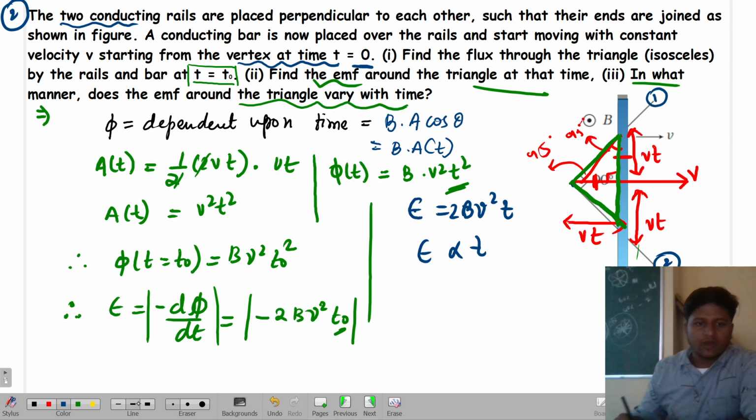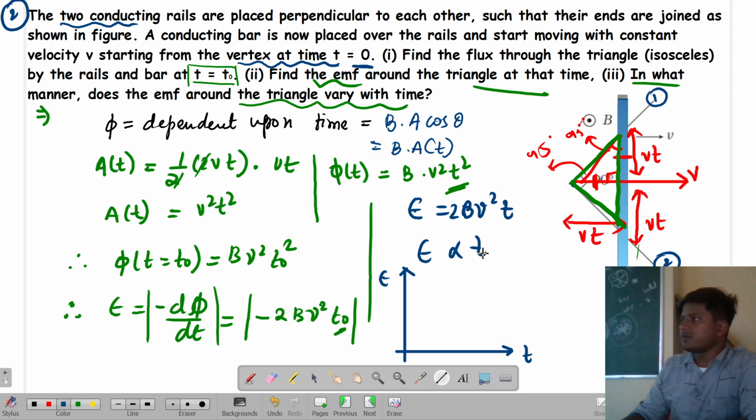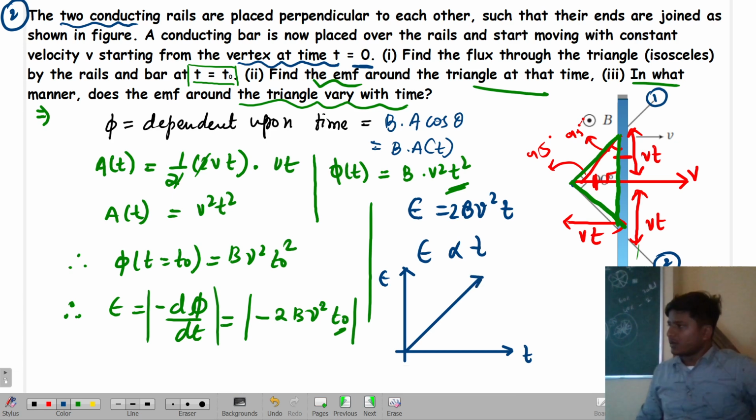How is it varying? If someone asks you what is the variation, what is he asking? He is asking about the graph, right or not? So how does the EMF vary with respect to time? EMF is directly proportional to time, so therefore it will vary linearly. Yes or no? Linearly it is varying. Got it or not? Is this okay or not?